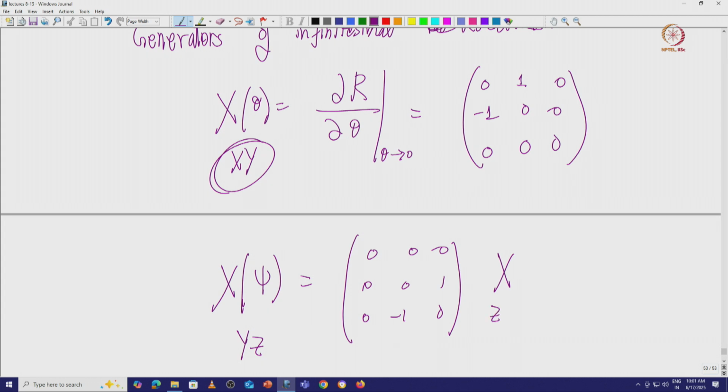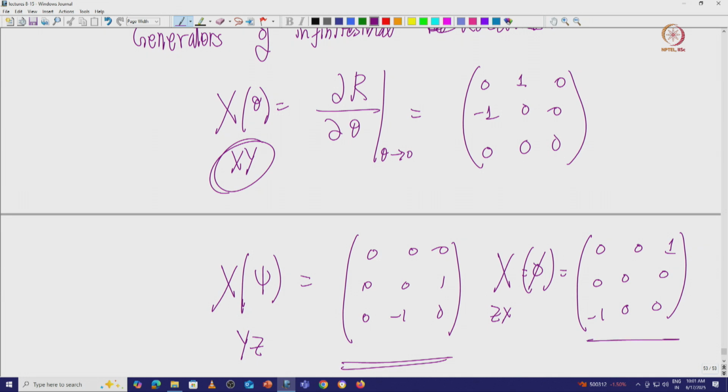And this is the xz plane, for phi: 0, 0, 1; 0, 0, 0; minus 1, 0, 0. So these three are your generators of infinitesimal rotations.